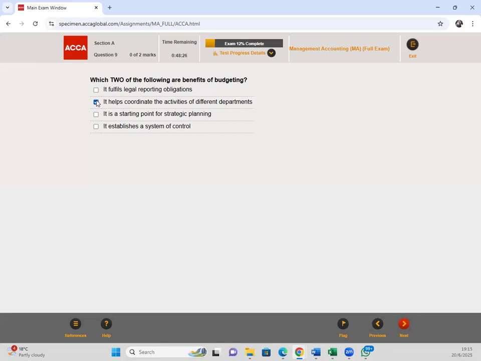It is the tactical managers that design these targets, the short-term budgets. Because remember, a budget is prepared maybe for a year, but the strategic managers go beyond, sometimes even 5 years. So this one is not ideal.